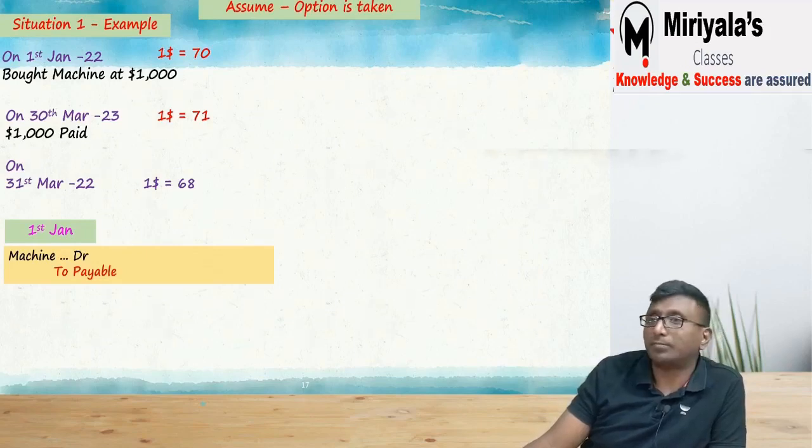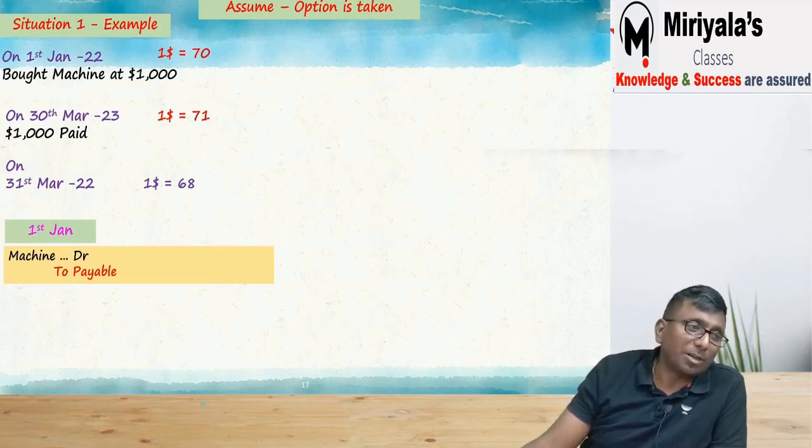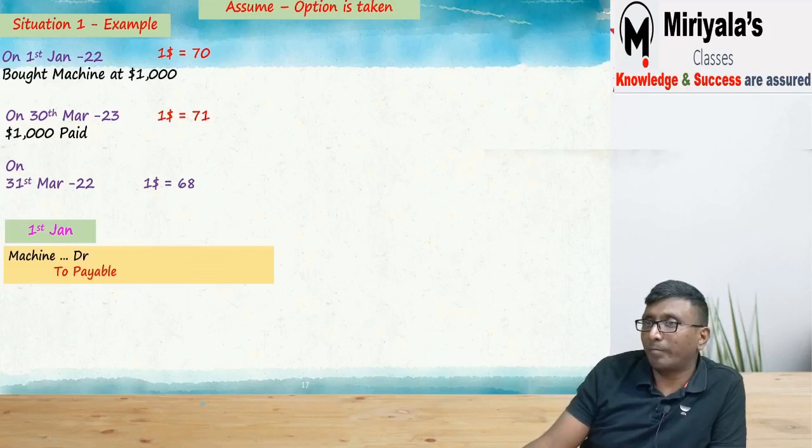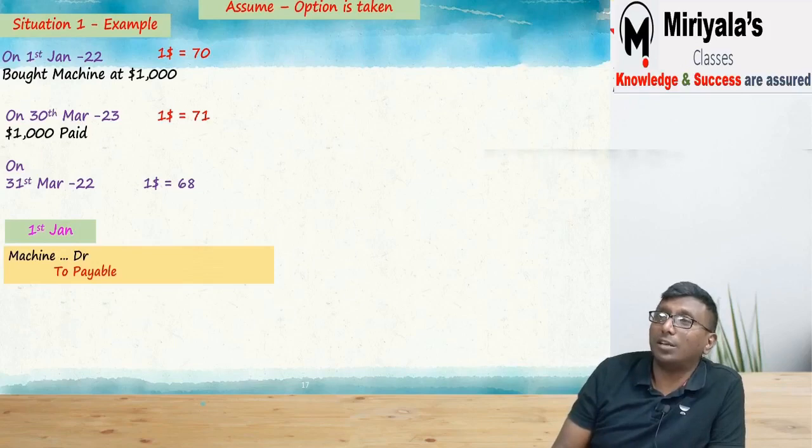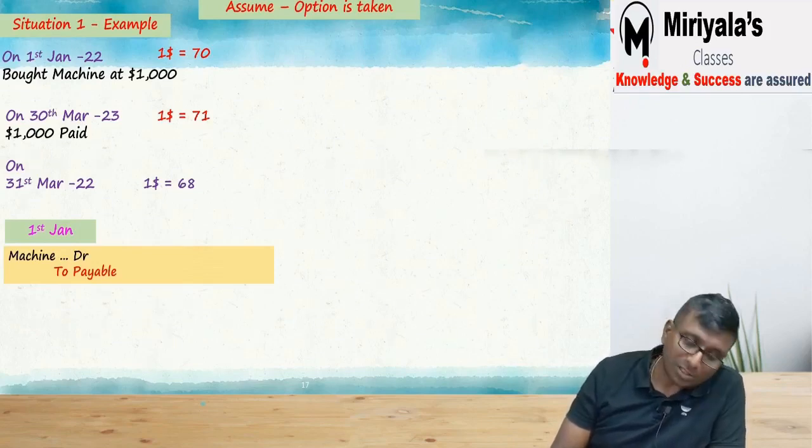After how many months? 1st January to 30th March means 15 months. Is 15 months long term? First you have to decide that. Long. A long-term loan taken for purchasing a machine. When you buy the machine on 1st January 22, what is the journal entry? Machine to payable. What is the amount? 70,000.